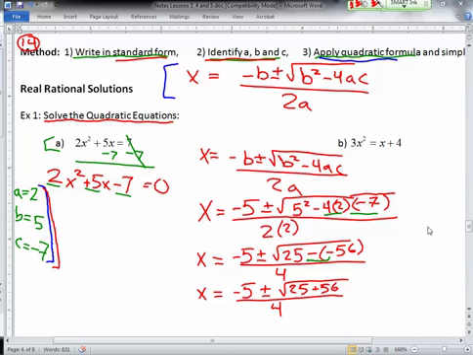I'm running out of space here. So I'm going to pick up over here. I've got x equals -5 plus or minus the square root now of 81. All of that divided by 4.